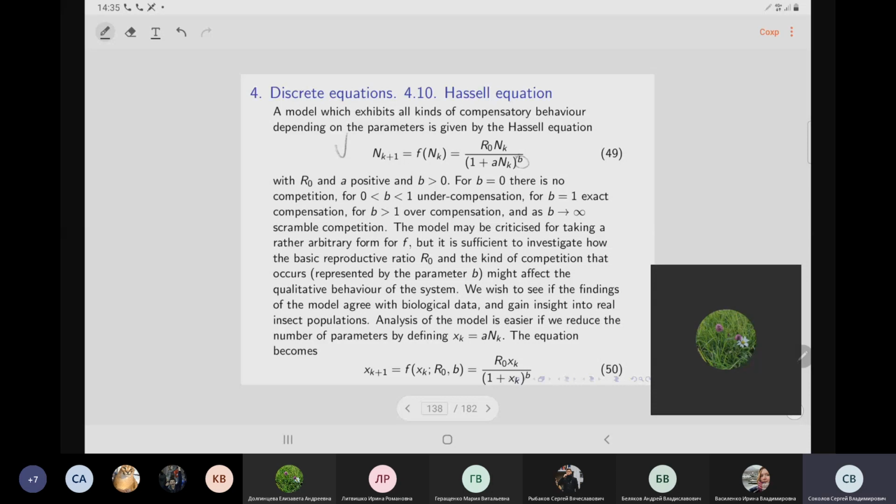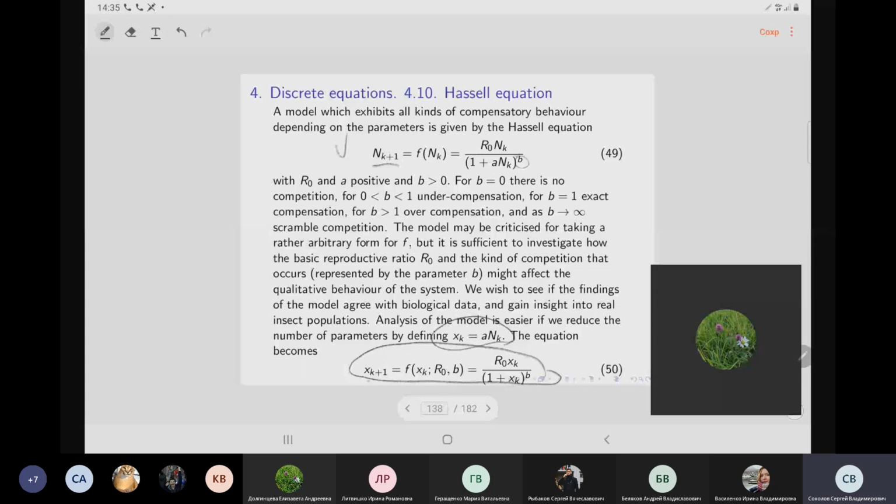First of all, we can reduce the number of parameters by defining x k as a n k. We see that there is an exact proportion, and we can just neglect a. So far, the equation we analyze is in the form 50.